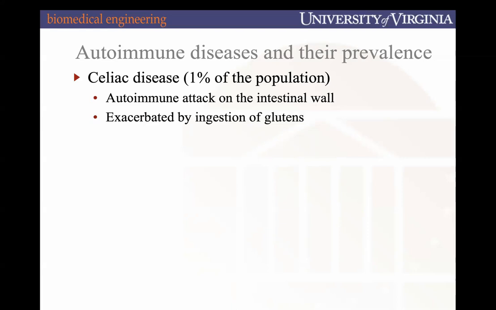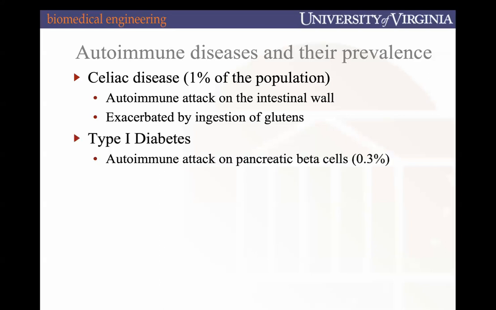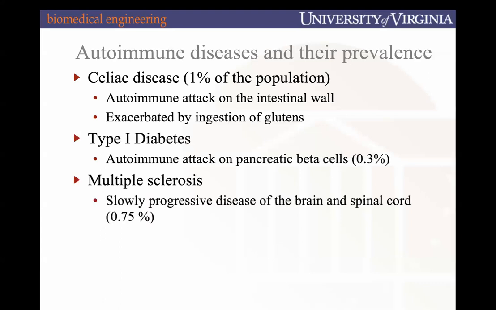One example is celiac disease. I'm sure a lot of us know people or have interacted with people that suffer from celiac disease. And this is oftentimes an autoimmune attack on our intestinal wall, our GI tract, that's exacerbated by the presence of gluten. Type 1 diabetes is an autoimmune attack on our pancreatic beta cells, where there's a factor on the beta cells that's identified as foreign and they are subsequently destroyed.